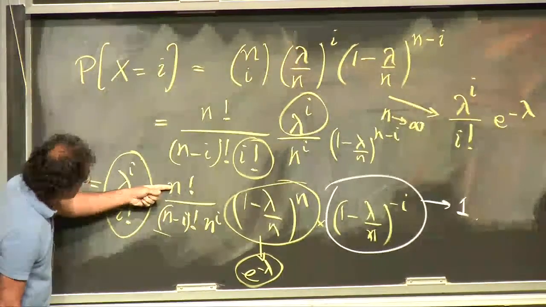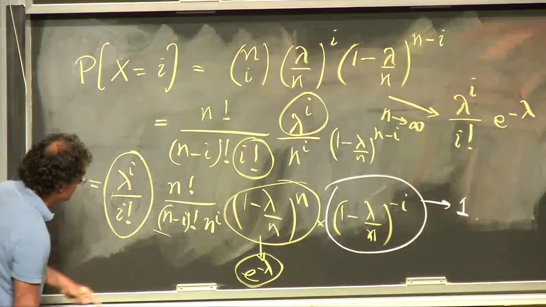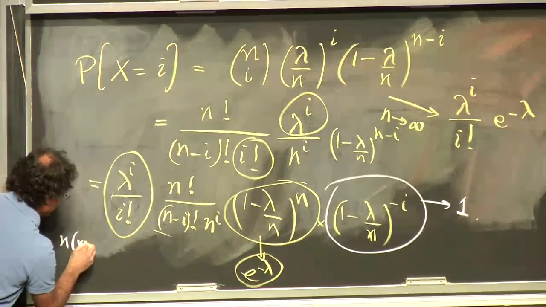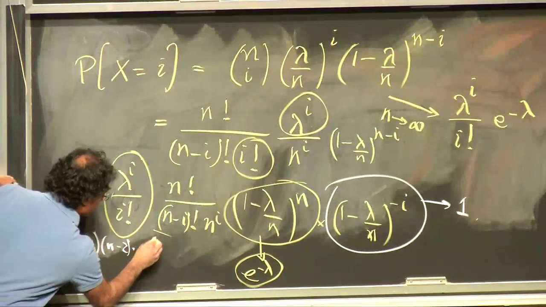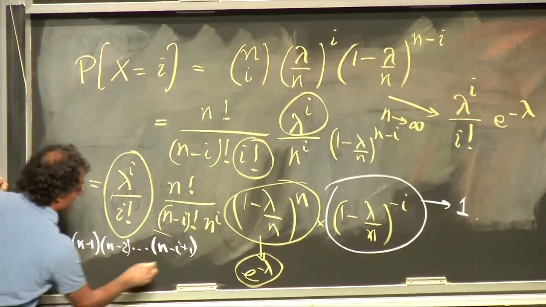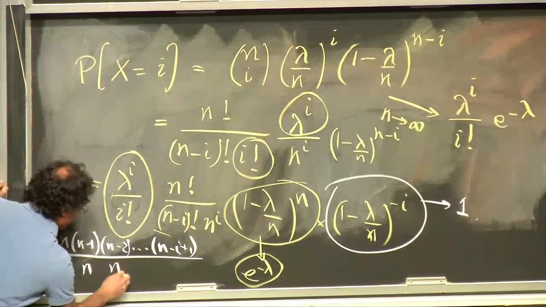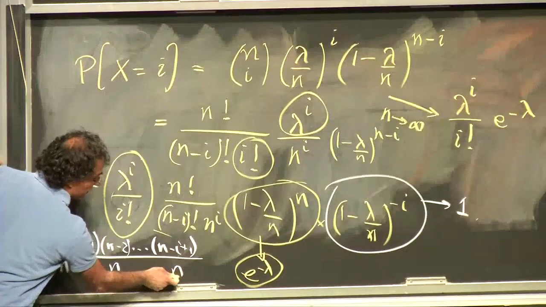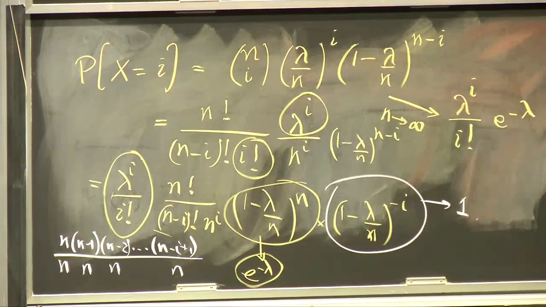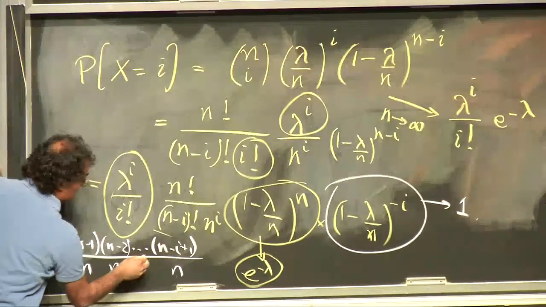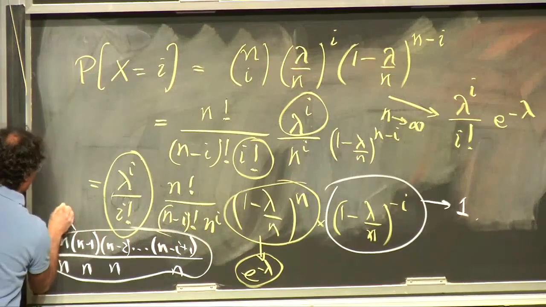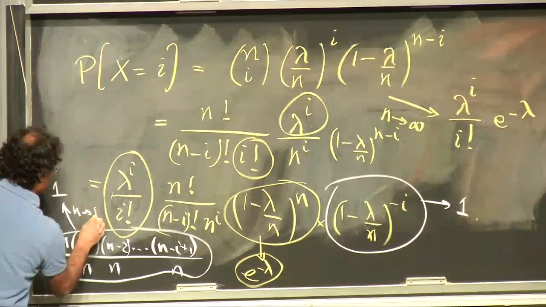Well, n factorial over n minus i factorial, the n minus i factorial cancels, so you get n times n minus 1 times n minus 2 down to n minus i plus 1. And then you get n times n times n times n in the denominator, because that's n to the power of i. Of course, when you divide n minus something small by n, you just get 1. When n tends to infinity, this is small by comparison, so this piece also tends to 1 as n tends to infinity.